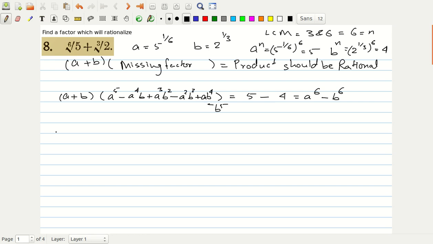So what is a to the power 5? So the missing factor is simply, you have to now put values. A to the power 5 is 5 to the power 5 by 6, right? What is a to the power 4 times b?